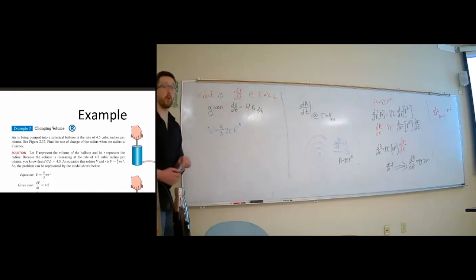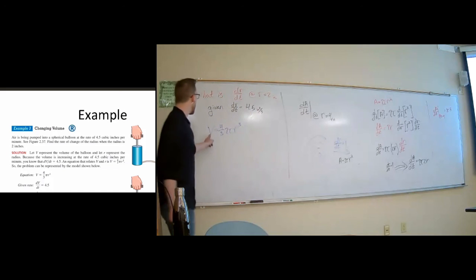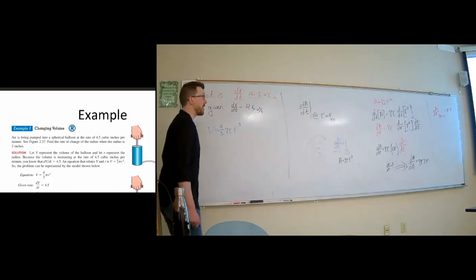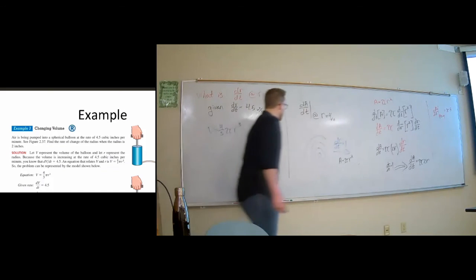If you don't have that memorized off the top of your head, don't feel bad, neither do I. I have to derive that every time I need it. It's just not something that I've memorized anymore. So now we need to apply the derivative with respect to time to both sides.